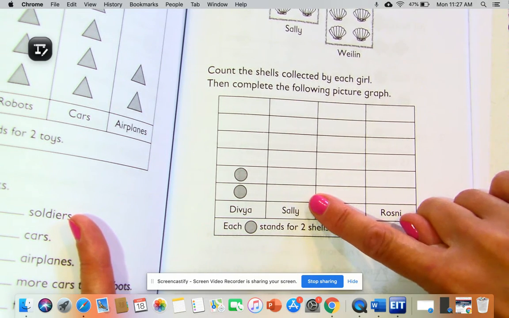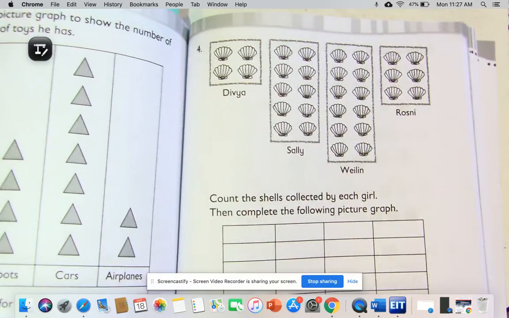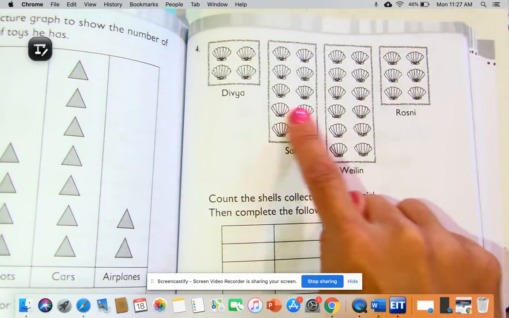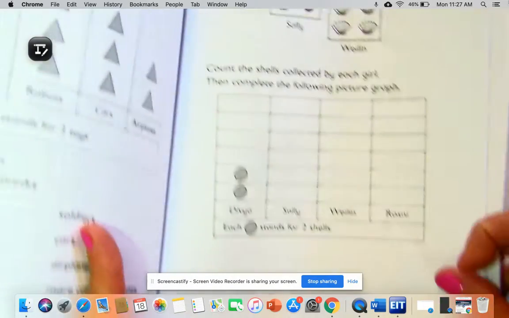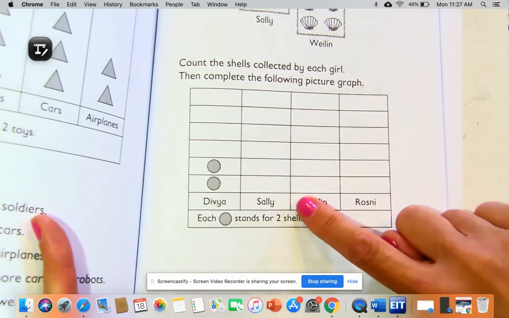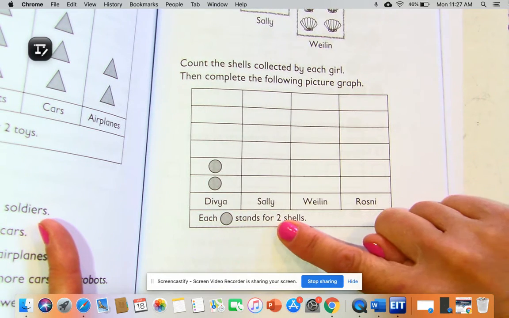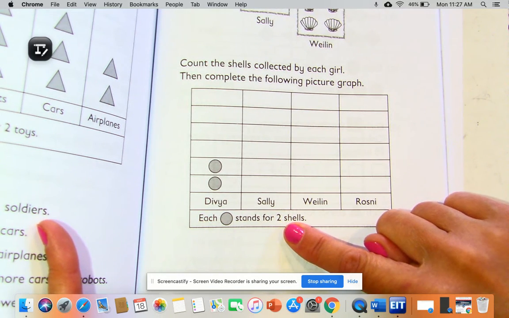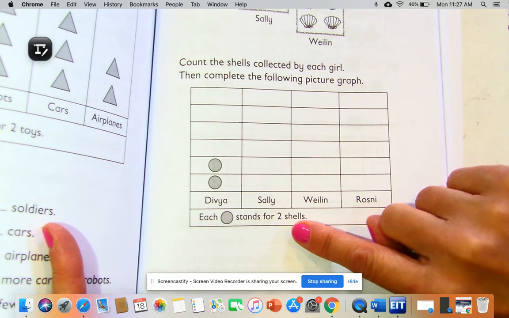Now for Sally, let's take a look at how many shells did Sally have? I think it was 10. 2, 4, 6, 8, 10. So Sally collected 10. So how are we going to represent 10 with each circle standing for 2 shells? Ooh, we could divide. What's 10 divided by 2?